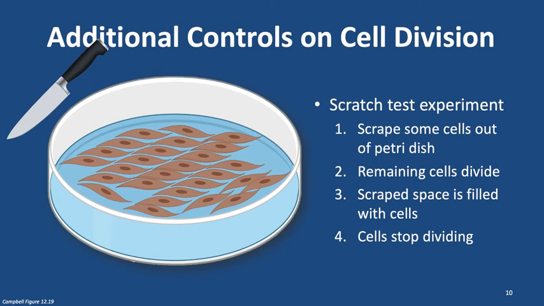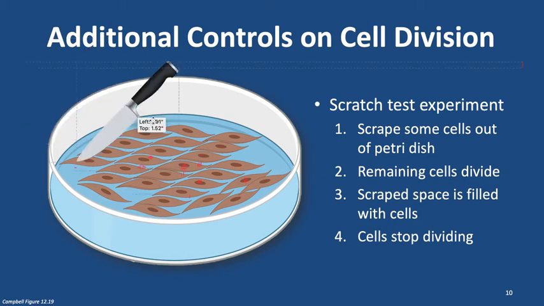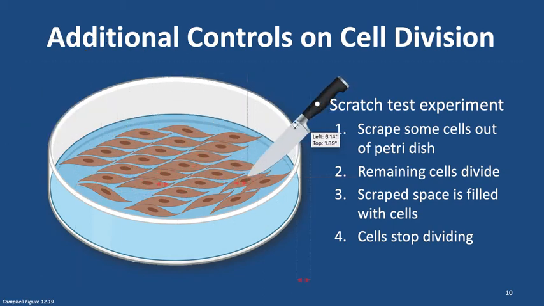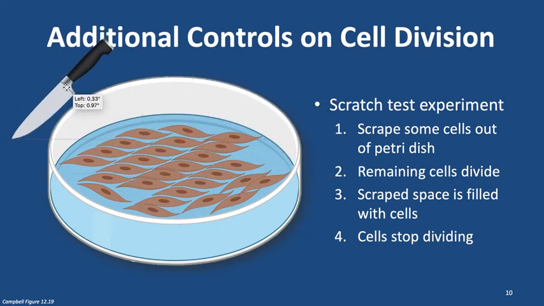One cool experiment that is often used to think about contact inhibition in particular is called the scratch test. With the scratch test, you're basically going to take this knife and scrape it across the surface of this petri dish.